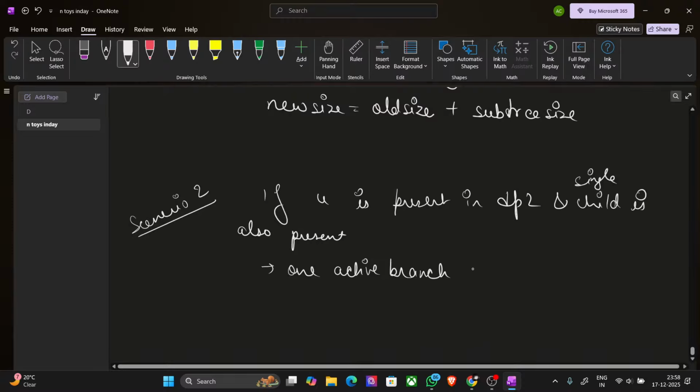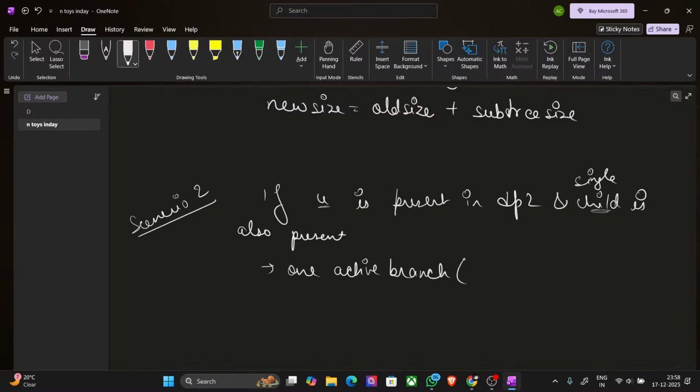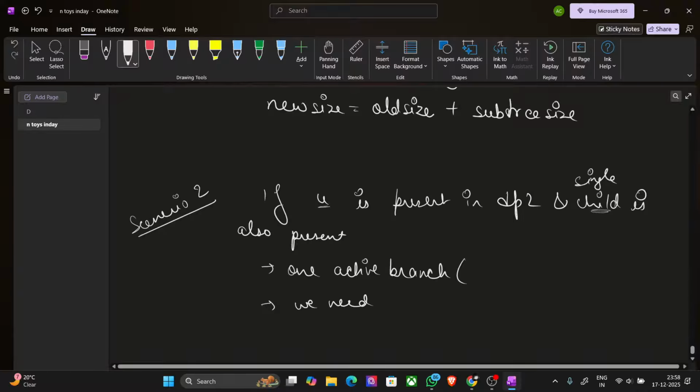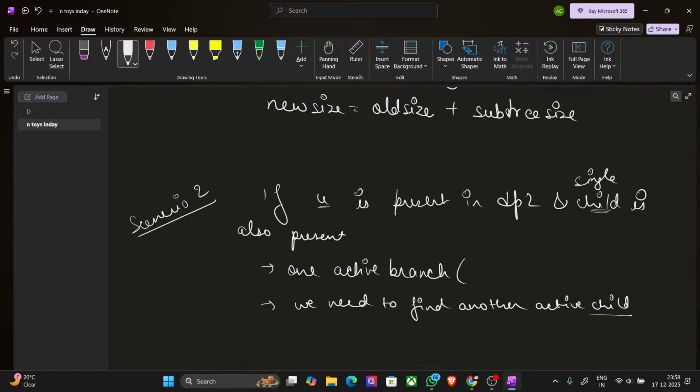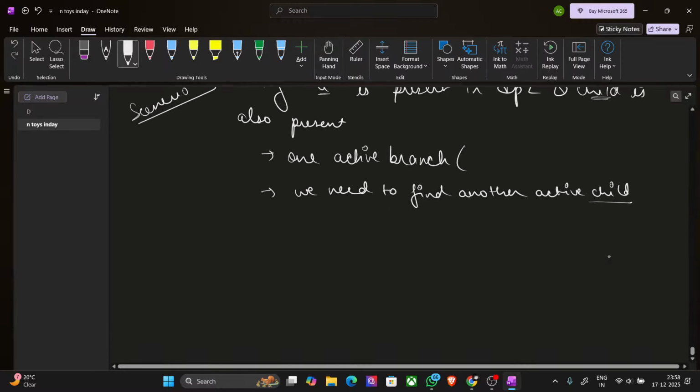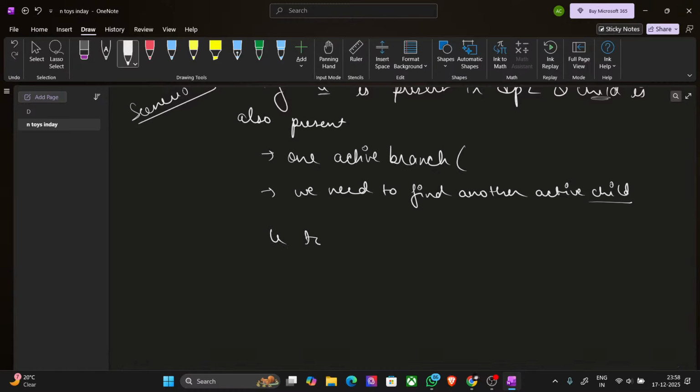What does this mean? We have an active branch from the previous child, which is this, and U. Now we need to find another active child. So in this scenario, we just add U to our count.